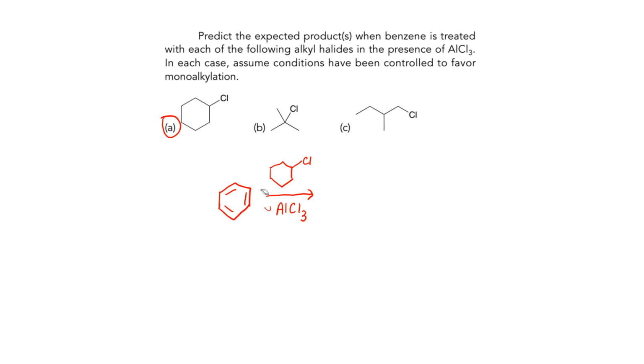When you mix both of these together, your active electrophile is going to be your carbocation where the Cl was, right? And that is where you're going to now say, hey, I'm going to have my benzene react.